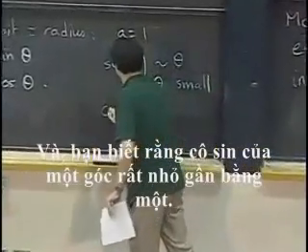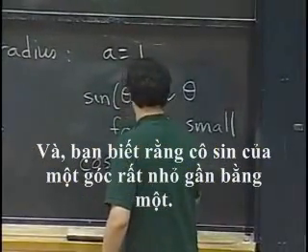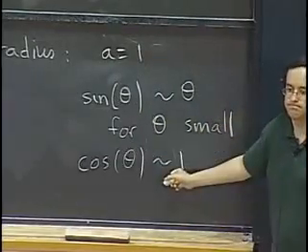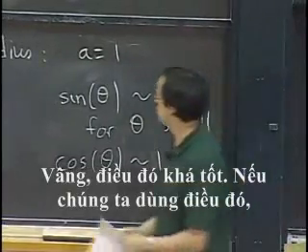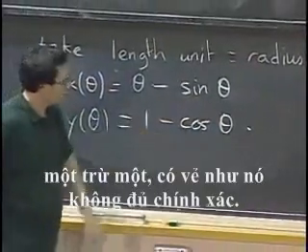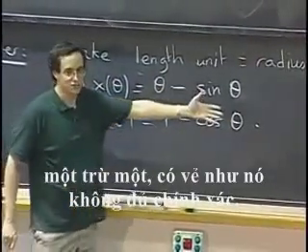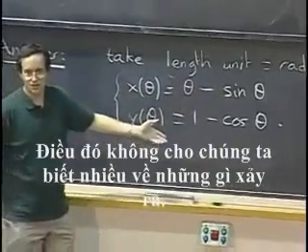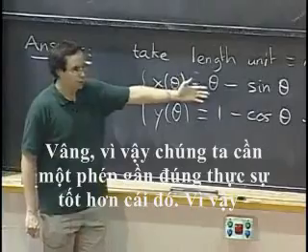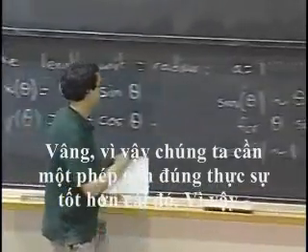And the cosine of a very small angle is close to 1. Well, that's pretty good. If we use that, we'll get theta minus theta, 1 minus 1. It looks like it's not precise enough. We just get 0 and 0. That's not telling us much about what happens. So we need better approximations than that.